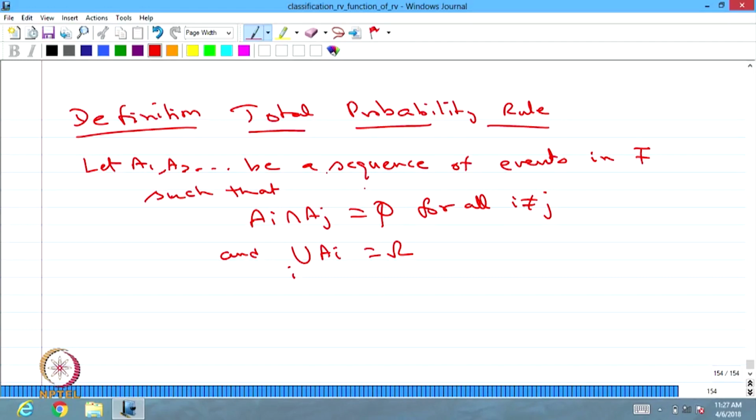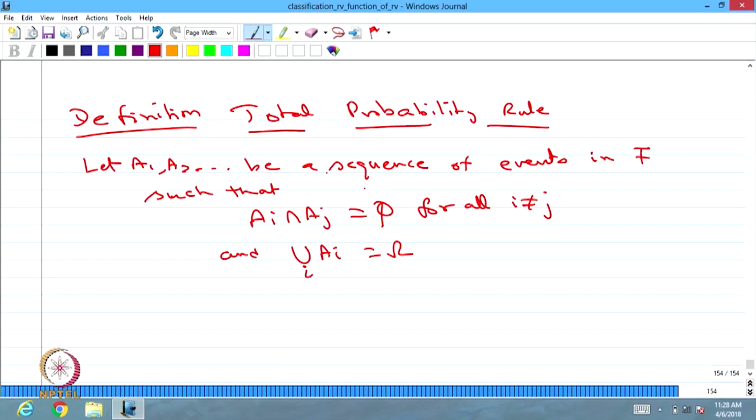Therefore, I am taking the union over i. They are mutually disjoint and the union is going to be the whole set. That is basically a partition of events. Indirectly, what we are saying is they are mutually exhaustive also. These events are mutually exhaustive.